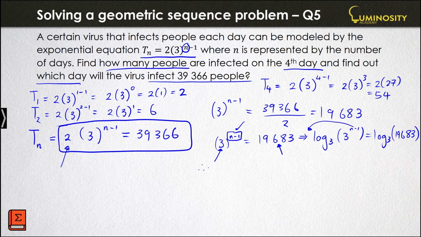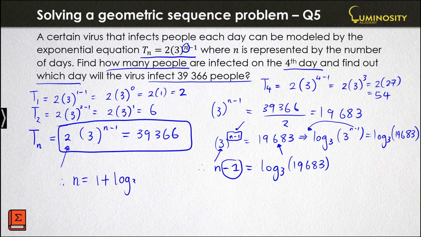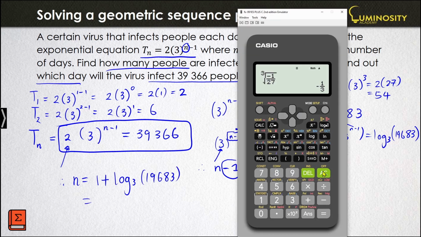So you just have the exponent, n minus 1, equals the log base 3 of 19,683. Lastly, let's get rid of that negative 1. I'll add 1 to both sides. So it's going to be 1 plus log base 3 of 19,683. But let's go ahead and use our calculators to check what that value is.